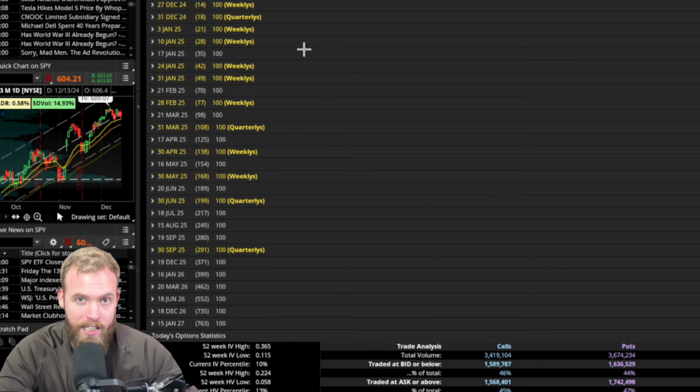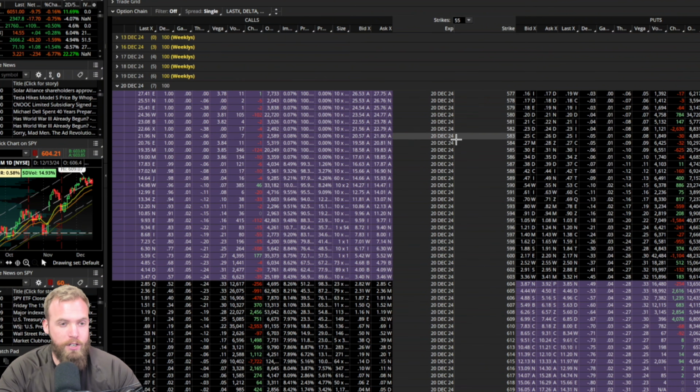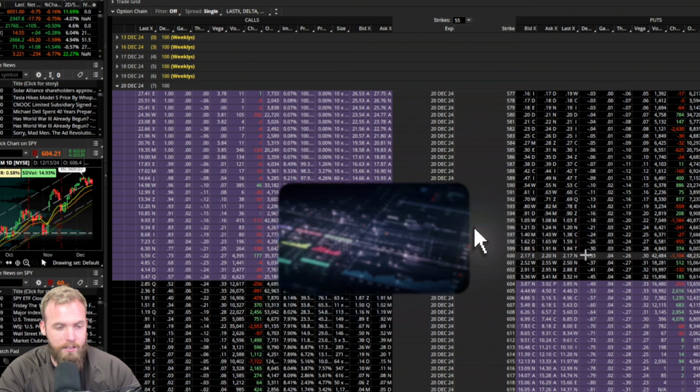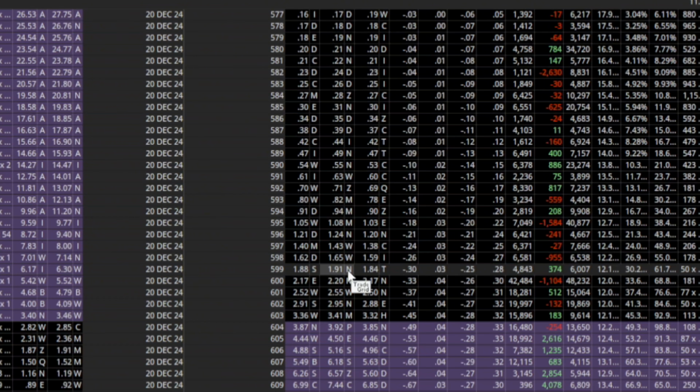Now, if I'm selling premium, I don't want to come super far in time, because if I do that, even though I collect a higher amount of theta relative to the price of the option, I'm experiencing a lot of gamma to get it.